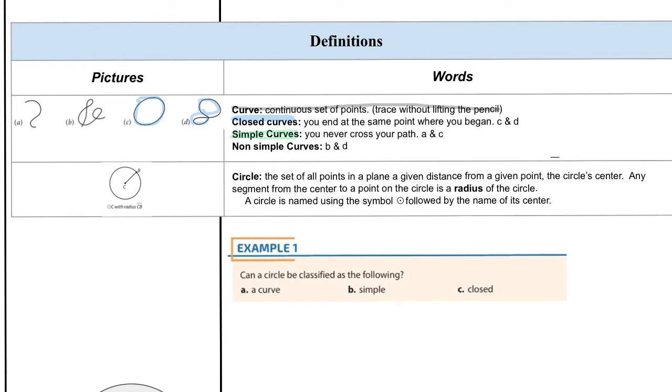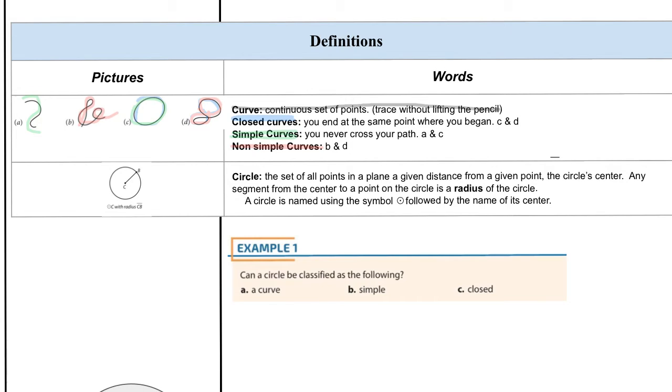So A and C. On A, if I draw it, obviously I don't redraw. C, obviously I don't redraw. Non-simple curves are like B and D. They are not simple curves. It means we cross over a little bit. See how I cross over my path when I trace B.